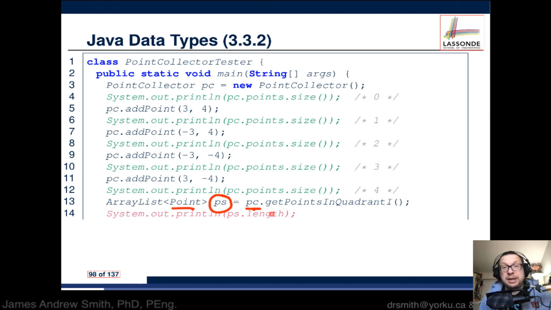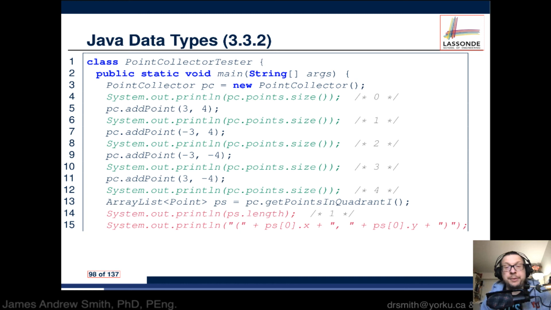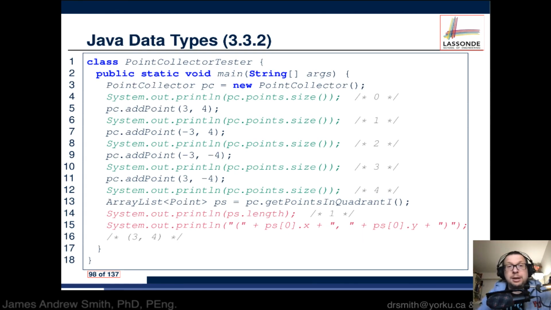Then we're going to ask for the length of that array called PS, and it should be 1. Then we can ask for the X and Y values at the 0th member of PS, and that should give you the value of 3 and 4. And there we have it.